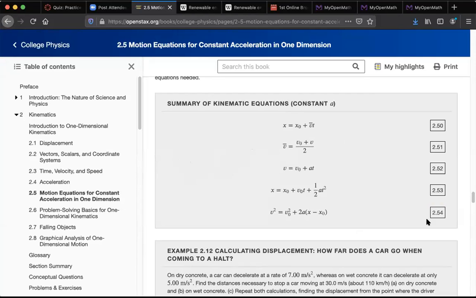You can see there are these very useful equations, equation 2.50 through 2.54. And so these are, you know, some people call them the big five, right? These are the 5 equations that describe one-dimensional kinematics in the sense that when you have constant acceleration, these are the 5 equations that describe the motion of the object, okay, if it's moving in one dimension.